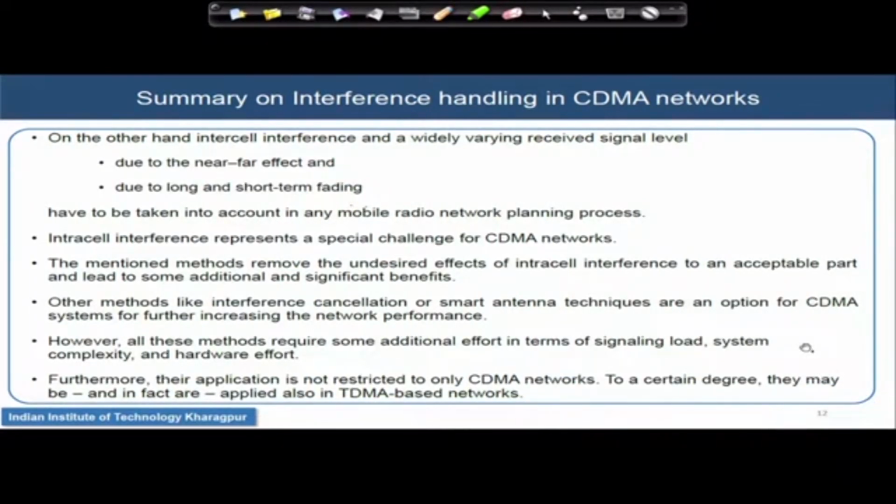And with this understanding, we will be finishing off the discussion of the interference handling schemes in the CDMA network. What we have understood is that, based on the several options available and the different kinds of problems handled, we have to get aware of the environment, the kind of data rate that we are targeting, and the kind of applications for which we are targeting the CDMA network.